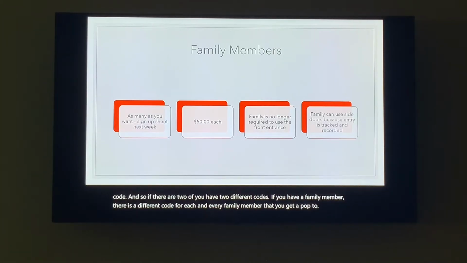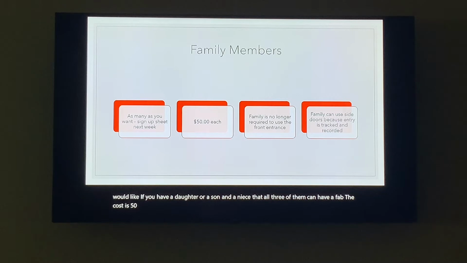So family members, you can have as many family members be issued a FOB as you would like. If you have a daughter and a son and a niece, all three of them can have a FOB. The cost is $50 each. They're individually programmed. The big advantage here is family is no longer going to be required to go through the front door or to sneak through a side door.